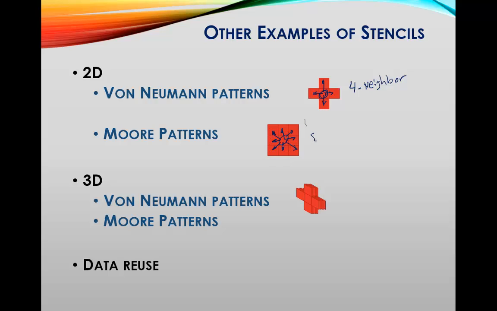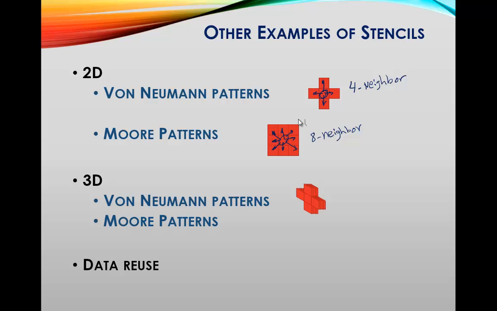So it's basically an 8-neighbor pattern. These are used a lot in signal processing, for example, filtering your data with an 8-neighbor or a 4-neighbor von Neumann or Moore pattern.